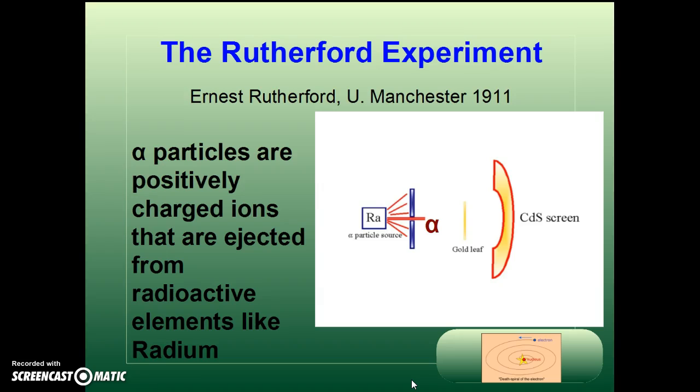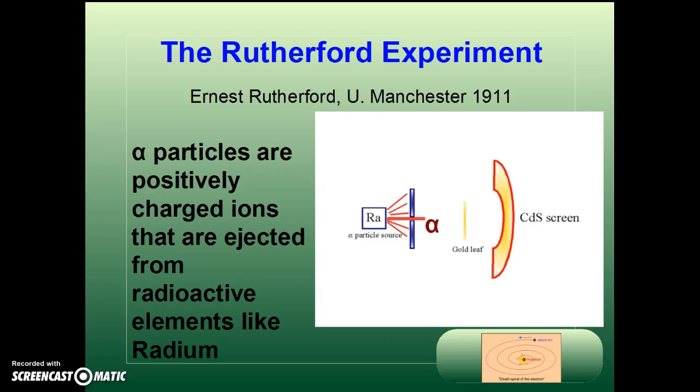Well, Ernest Rutherford, in 1911, tested the model. Alpha particles had been discovered with radioactivity. They're positively charged, they showed that, and they're not particularly heavy. They're certainly heavier than electrons.